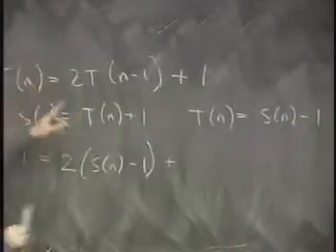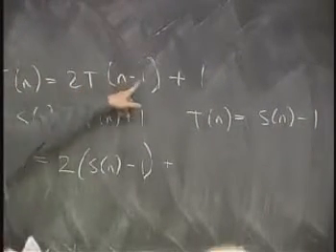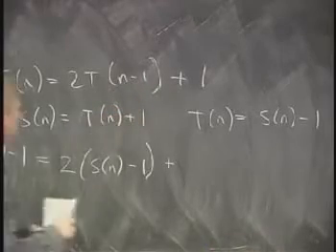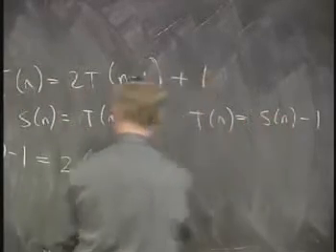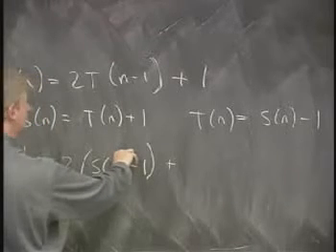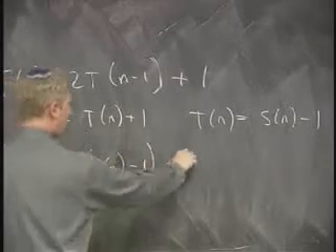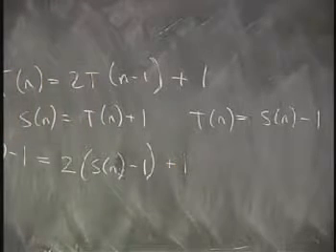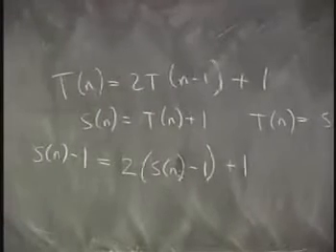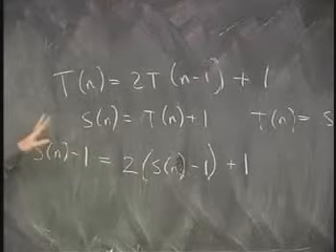So every place you see a t of n here, you put in S of n minus 1. So t of n minus 1 is 2 S of n minus 1 minus 2 minus 1 plus 1. There we go. Let me do it again, since if I flubbed with the chalk, you're going to think this is harder than it really is.